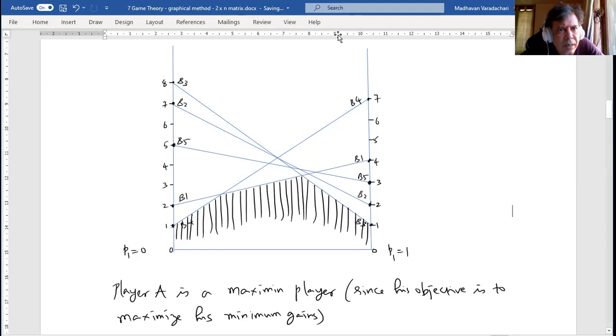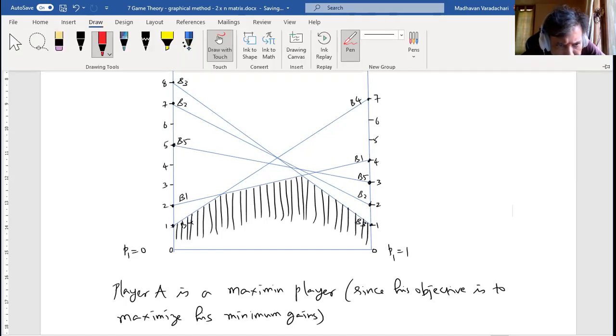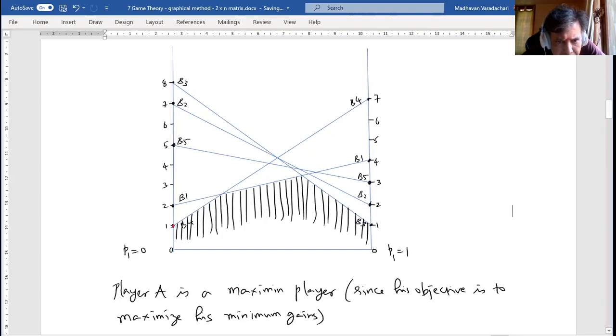Now among this, wherever we shaded, what are the corner points? One is this, one is this, one is this, and another one is this. So among all these corner points, the maximum point is this point.